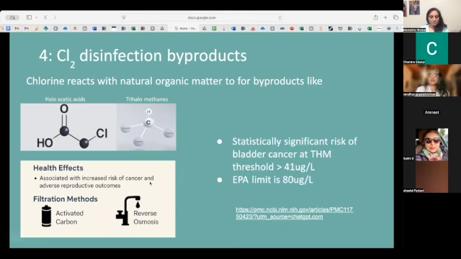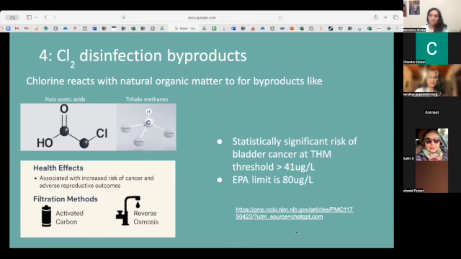Basically, there's this paper here which I've quoted, a meta-analysis of many studies, and they said there was a statistically significant risk of bladder cancer, focused on trihalomethanes, when this exceeded 41 micrograms per liter, and our EPA limit and even our SJ Water limit is at 80 ppb. Microgram per liter is parts per billion. And so this is concerning, right?